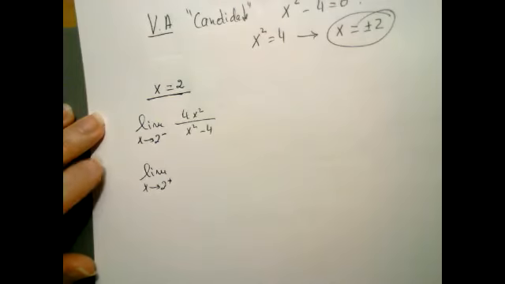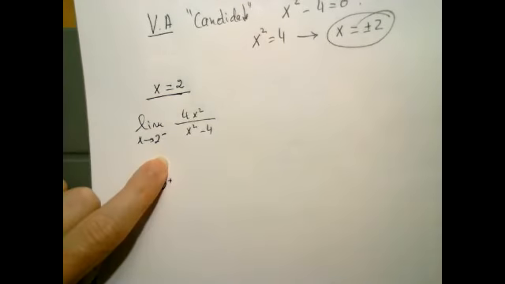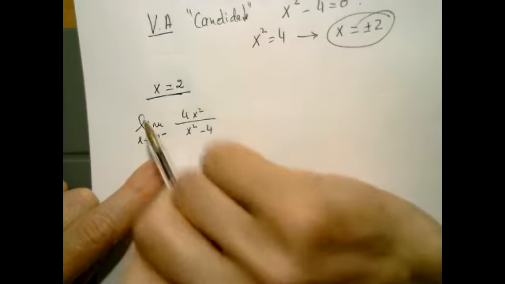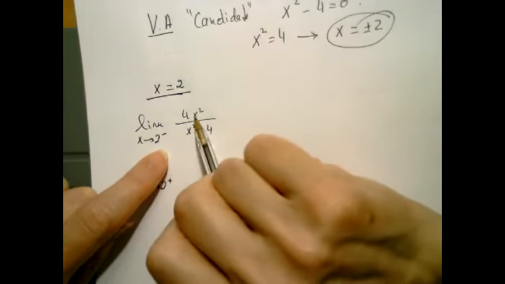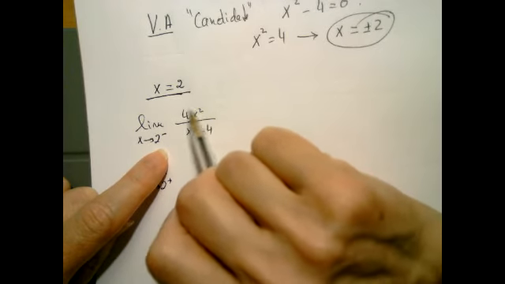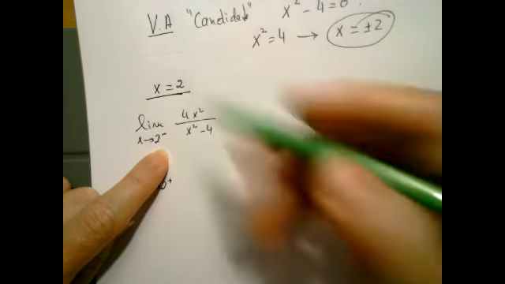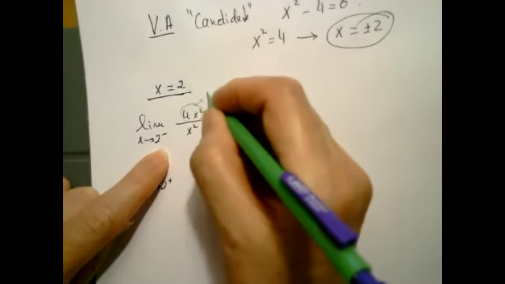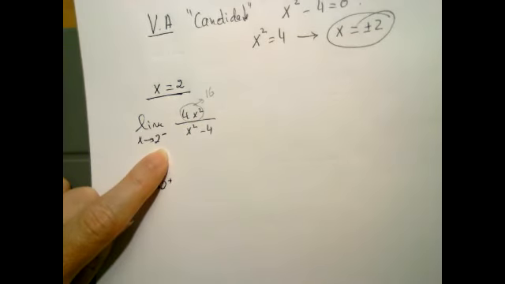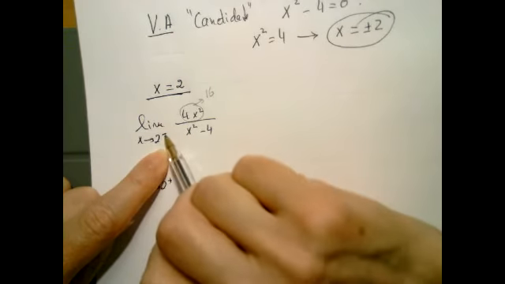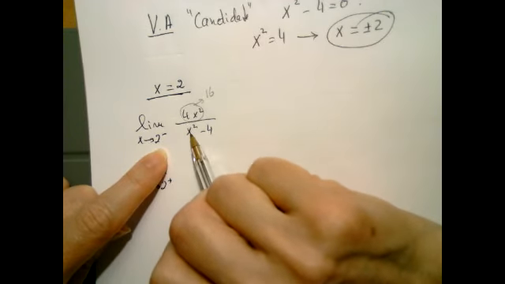Okay, so when x becomes close to 2, the numerator is becoming close to 2 squared times 4, so 16. Now the denominator, from the negative: x is becoming close to 2, but it's less than 2.